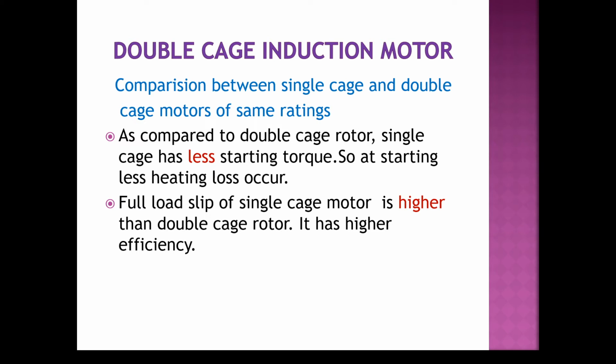At starting, fewer heating losses occur, so losses are less and hence efficiency is high. For a single cage motor, the pull out torque is high, whereas for a double cage rotor it is small. A single cage motor is costlier than the double cage motor.